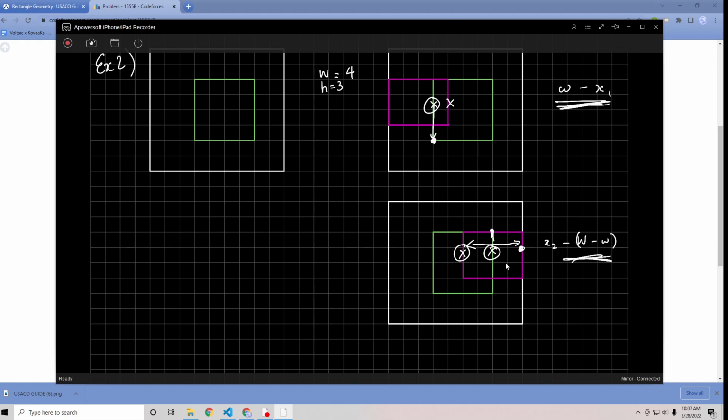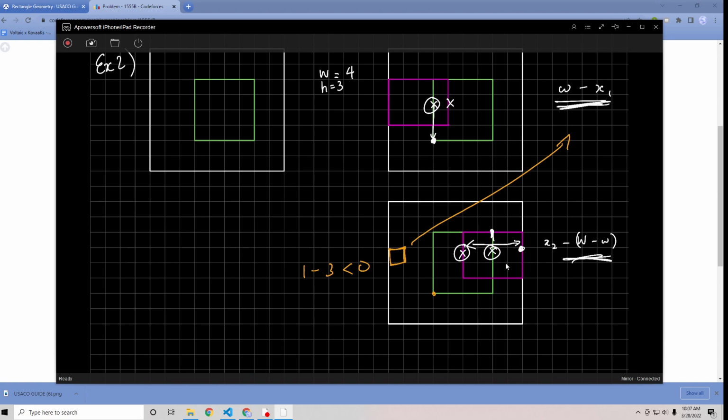If we had a 1 by 1 table here, we know there's enough space here. So linking this back to w minus x1, because we're adding this to the left of the old table, here the width is going to be 1 and x1 here is going to be 3. So this is going to be less than 0. But in this case, we actually don't have to move anything at all.